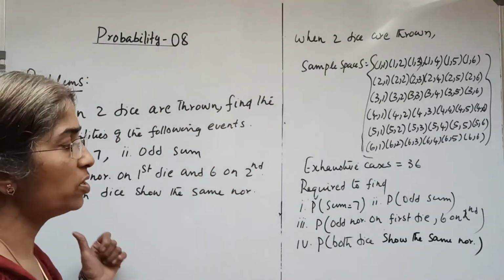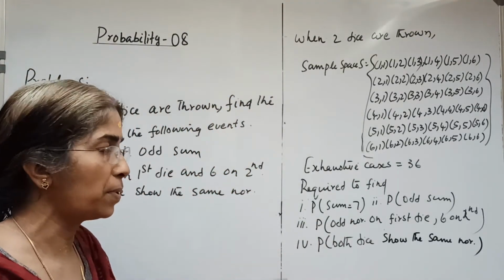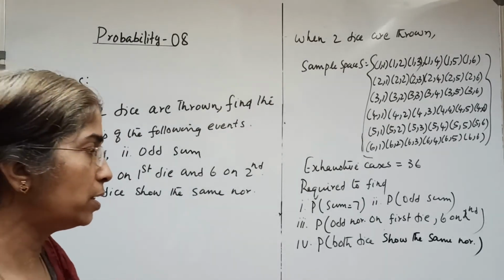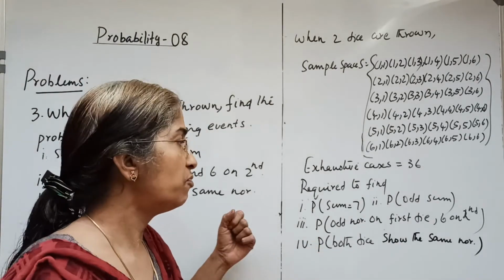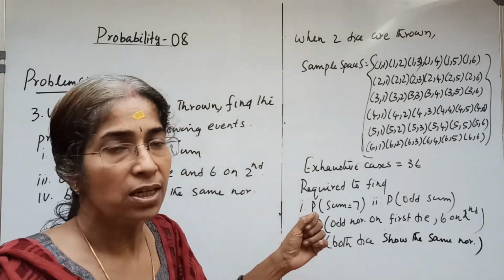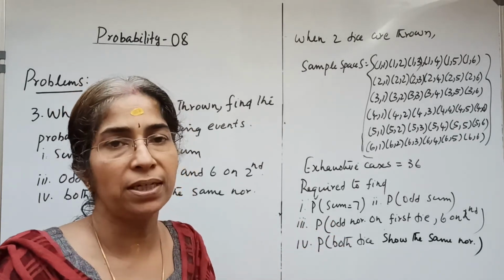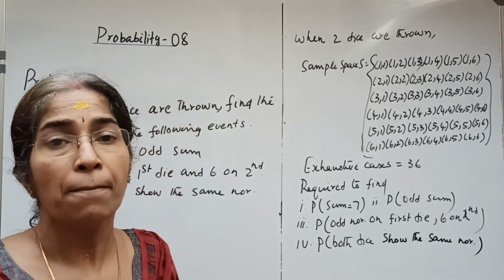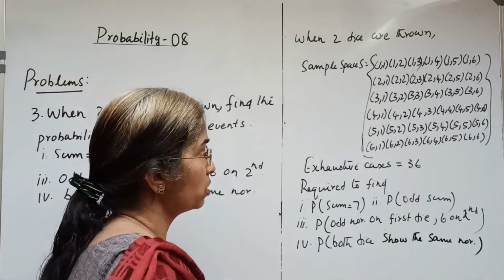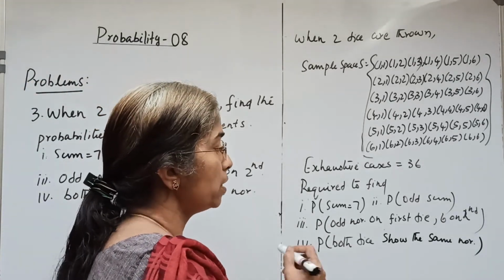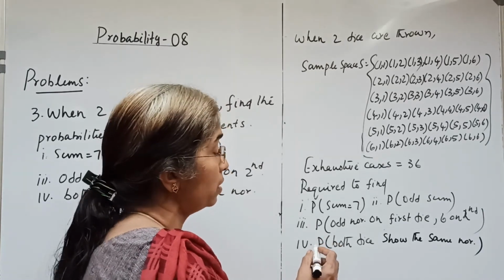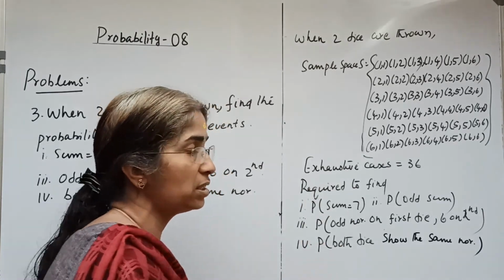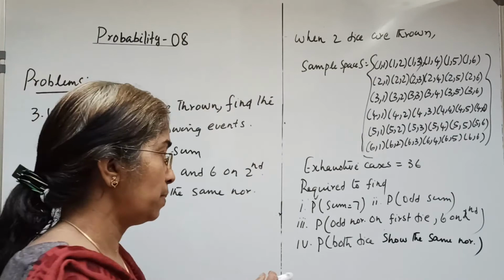Now we consider these events one by one, and it is only required to obtain the favorable cases for the events, and hence probability simply becomes the ratio favorable cases by exhaustive cases. Okay, we can define any event, and hence we can obtain the probabilities.